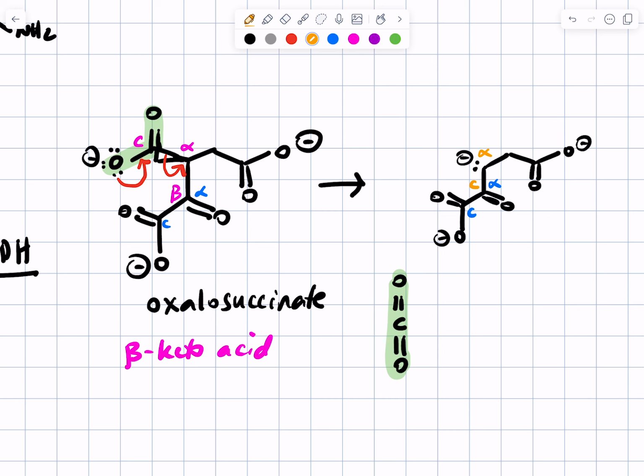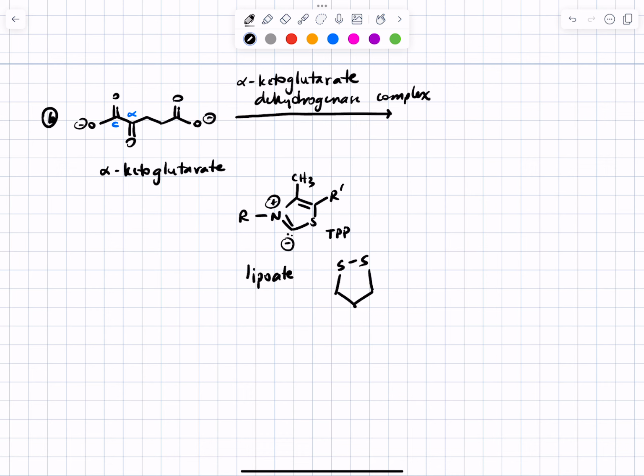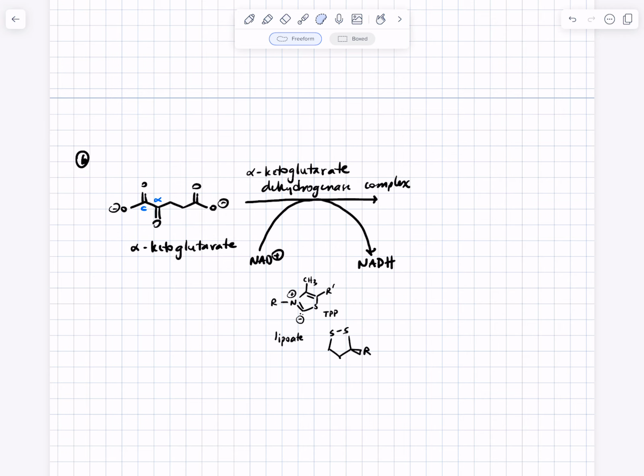As a cofactor, it's also going to depend on lipoate, which is this weird 5-membered ring containing disulfide molecule. So those are going to be cofactors. I'm drawing them here to remind you of them. Also, we saw before that this mechanism will take NAD plus and generate NADH. It's an oxidation mechanism.